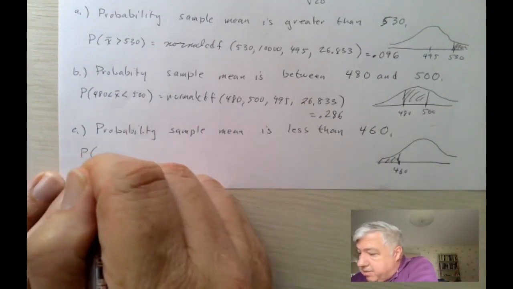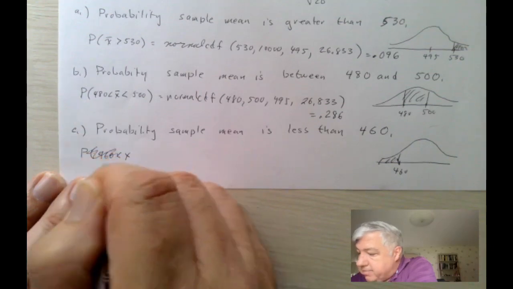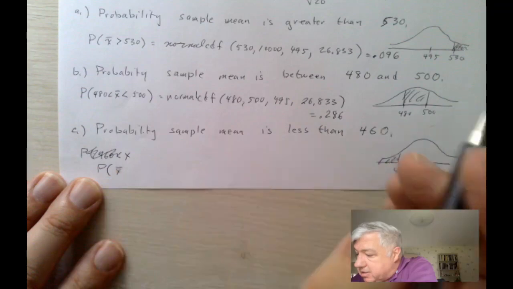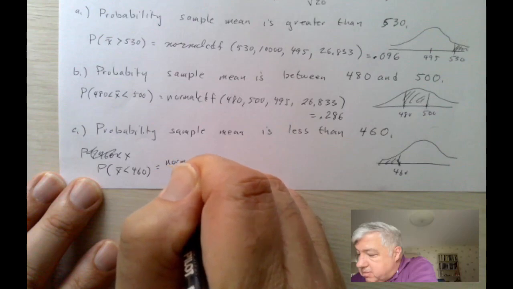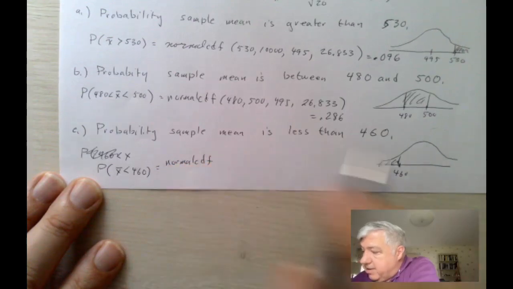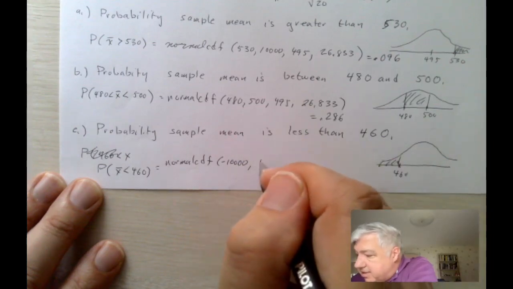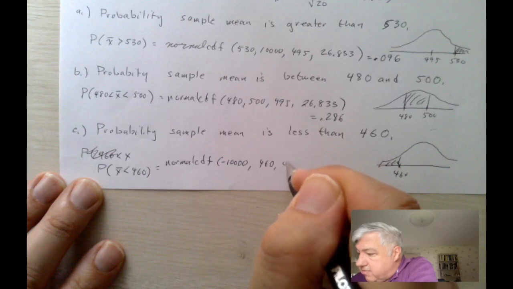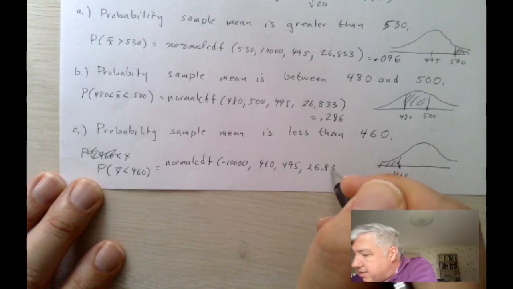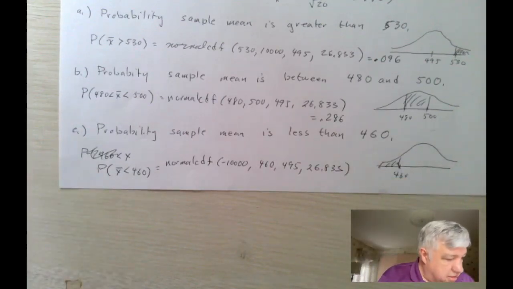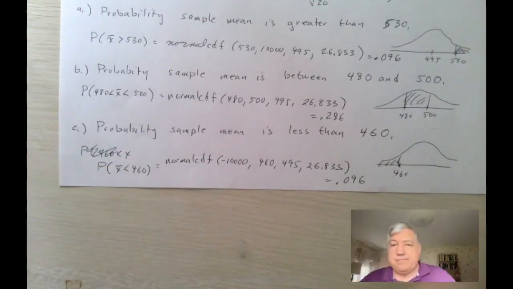So the probability that X bar is less than 460, we use normal CDF of negative 10,000, 460, 495, and 26.833, and that is 0.096 again.